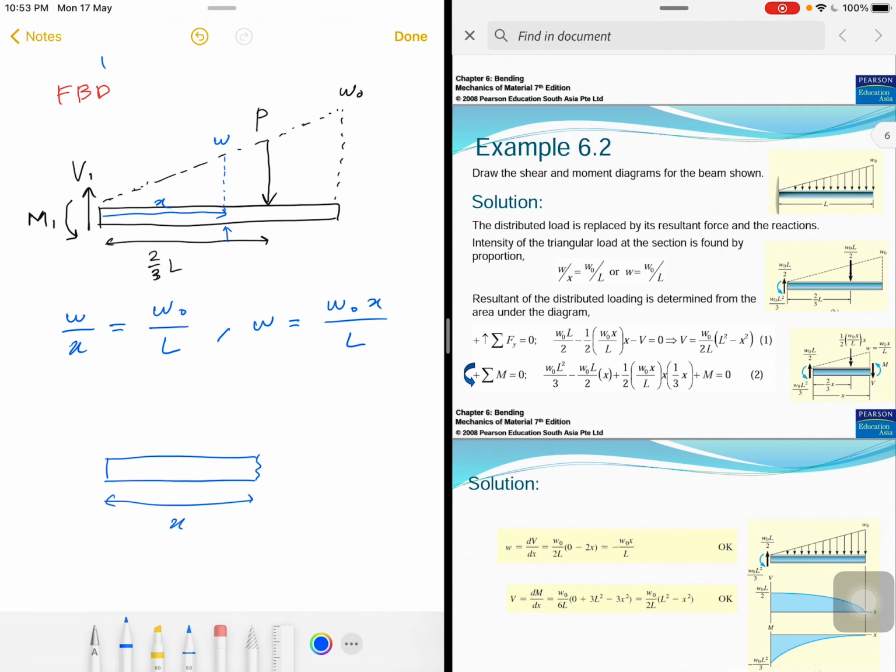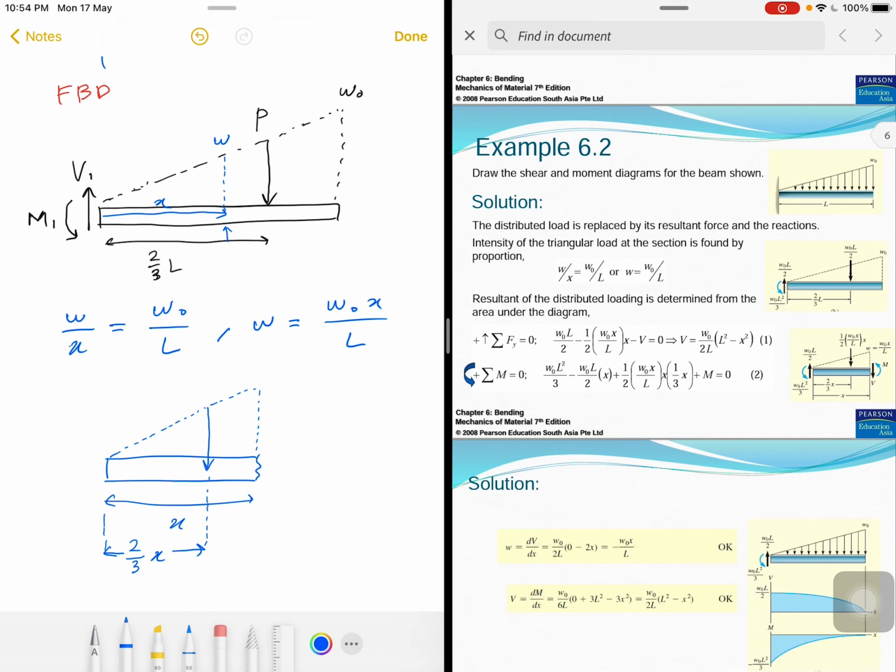And we cut right there, and then we still have the triangular distributed load, and because we cut right there, the triangular load can be represented by this load, which is at a distance of 2/3 of X. Okay.